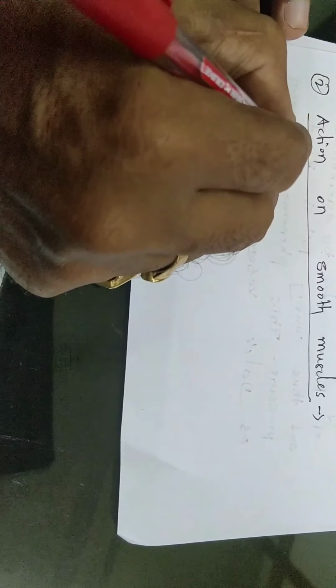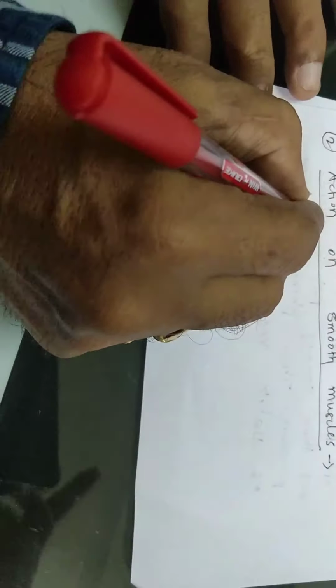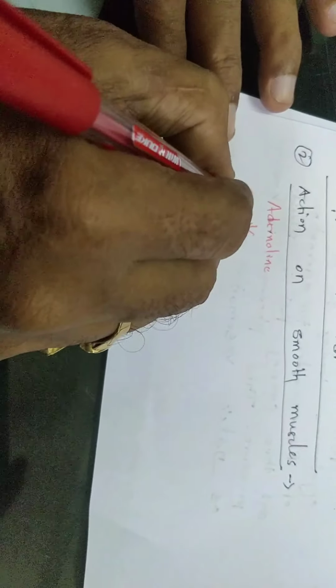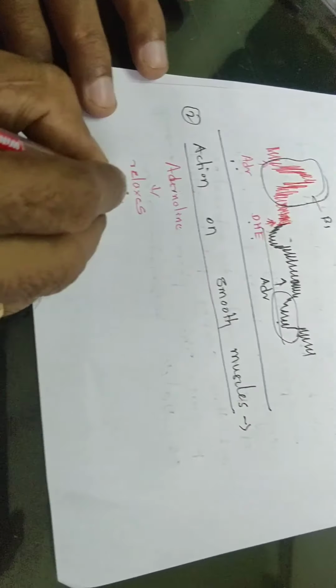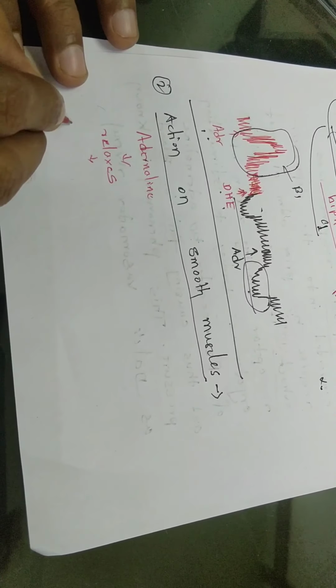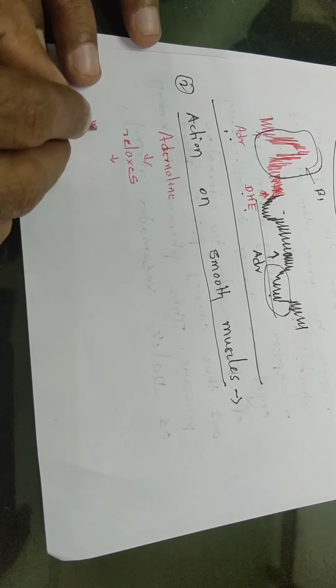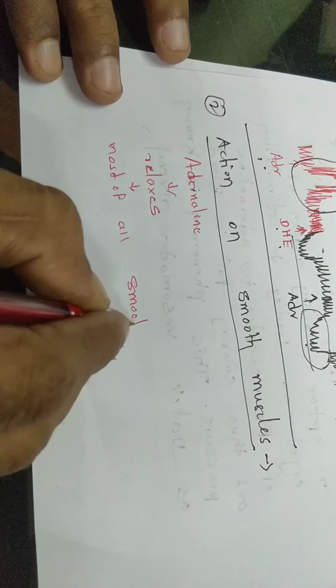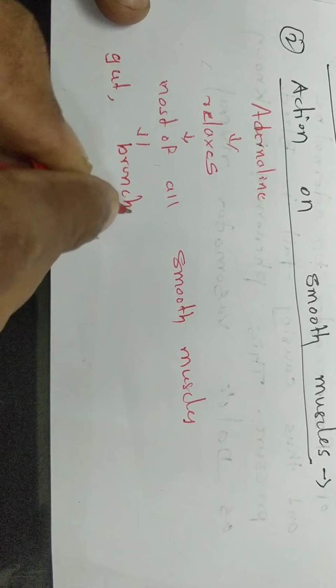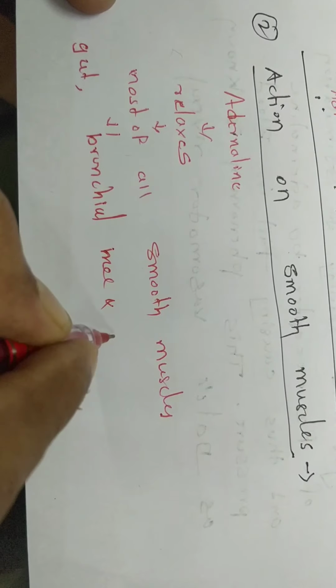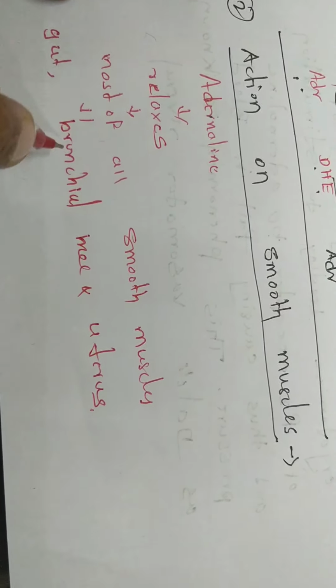Adrenaline relaxes most of all smooth muscle: gut, GIT, bronchial smooth muscle, and uterus smooth muscles.